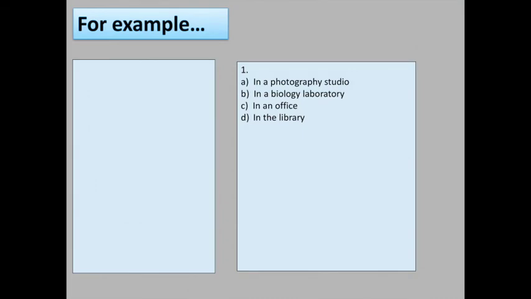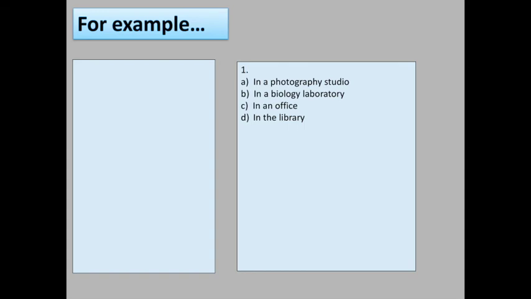So let's look at the answers for the first 3 questions from your assignment for today and see if we can decide if the questions are who, what, or where questions before we even hear the audio recording.